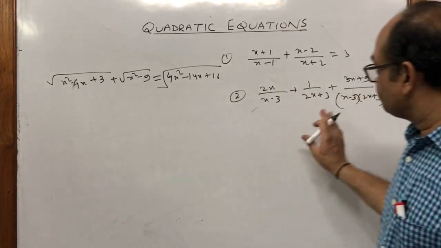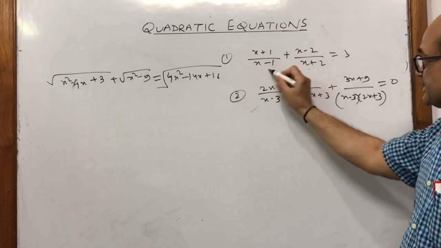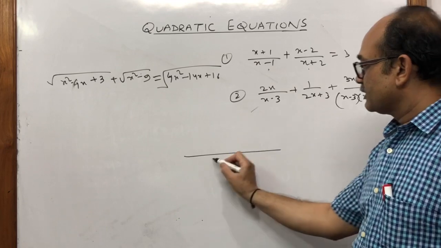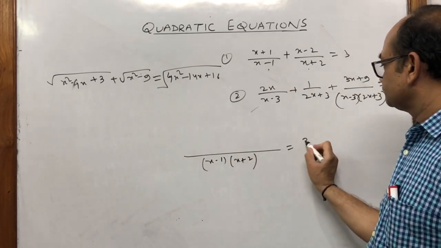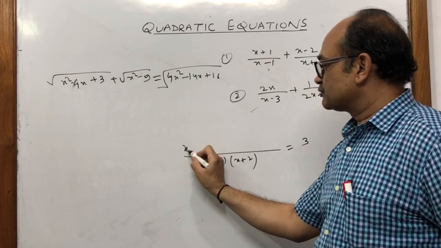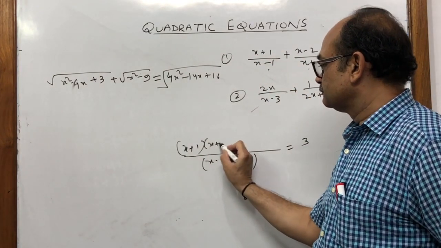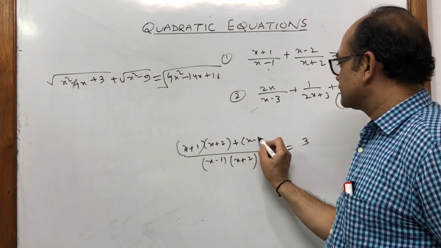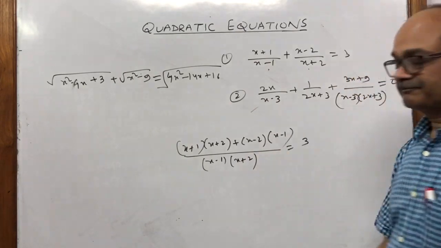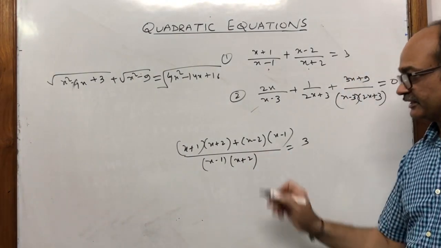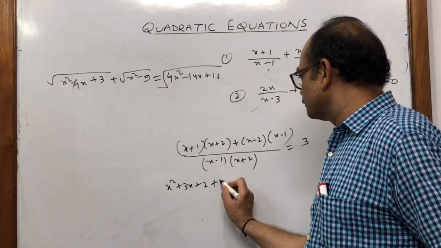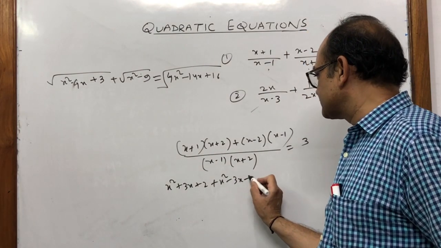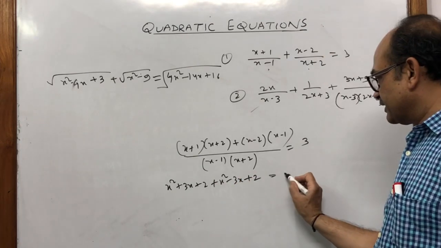The first one, if you take the LCM, it is (x minus 1) and (x plus 2). So (x plus 1) into (x plus 2) and (x minus 2) into (x minus 1). After simplification, what do we get? x square, 3x, 2, and x square, 3x, 2, cross multiply.